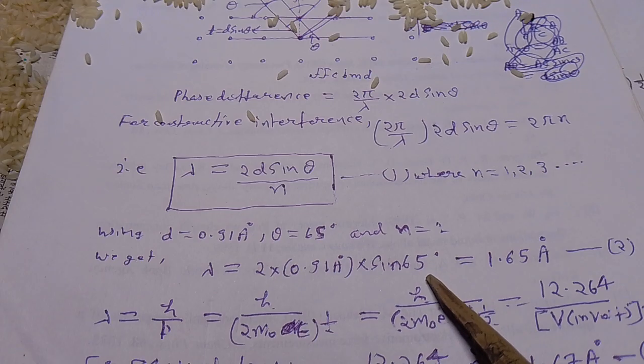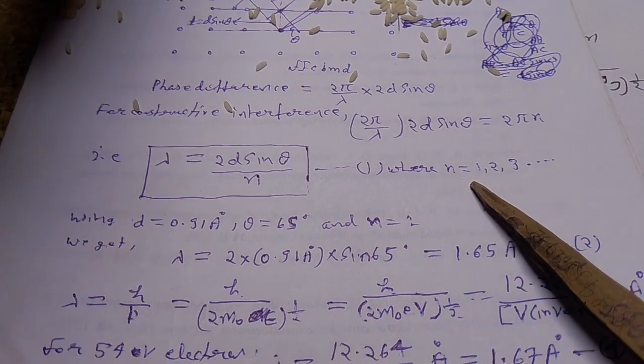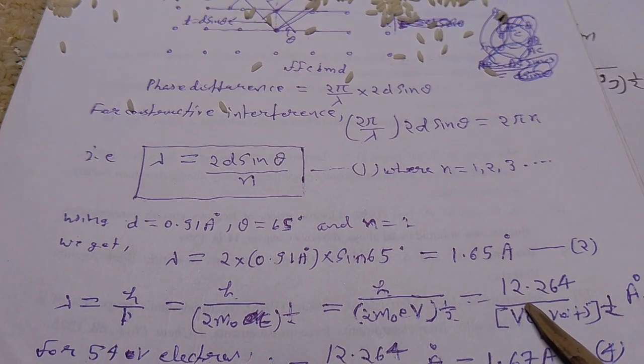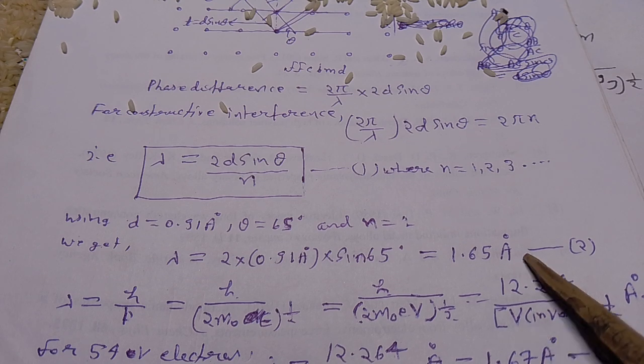The de Broglie wavelength of an electron accelerated by a potential V volts is given by lambda equals h by p equals h by (2 m naught e V) to the power 1 by 2, equals 12.264 divided by V in volts to the power 1 by 2, in angstrom.